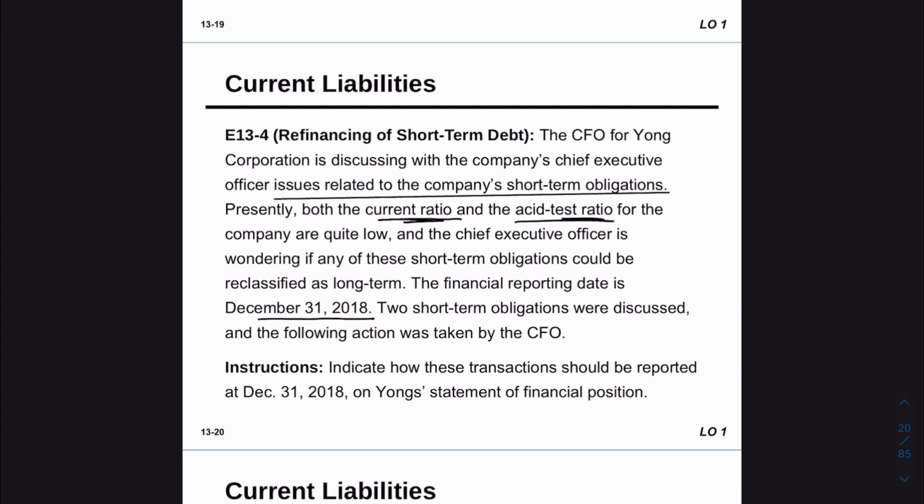So when do you report those two short-term obligations? On December 31, 2018. The two short-term obligations were discussed, and the following action was taken by the CFO. Indicate how those transactions should be reported at December 31, 2018 on Young's Statement of Financial Position.